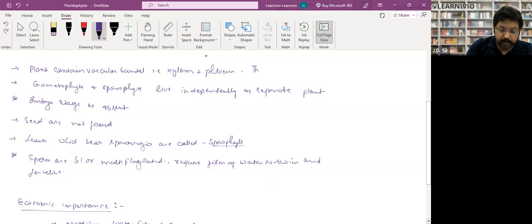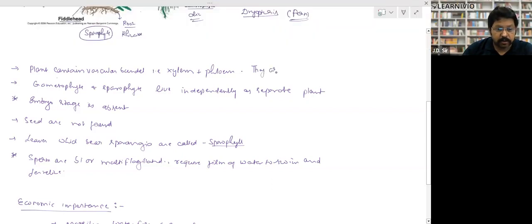So till this point it is written down. The vascular bundles are called steel. This xylem and phloem have a special term over here, and we call it stele, spelled S-T-E-L-E.